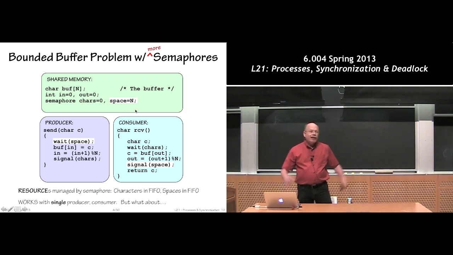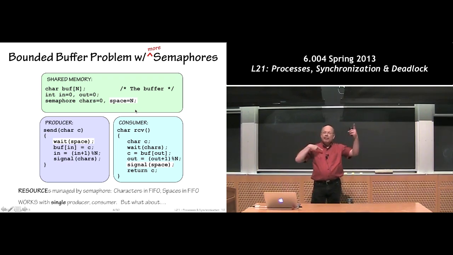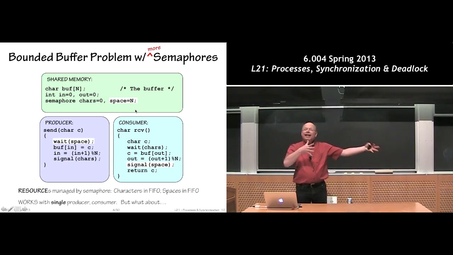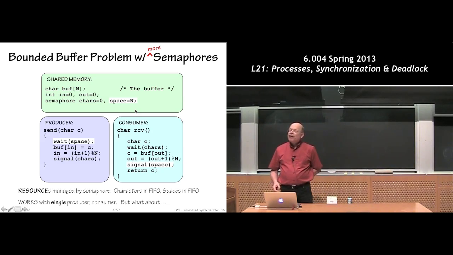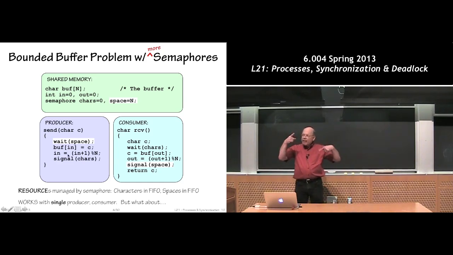So what do you think the sum of chars plus spaces should be at any given moment? N. Right? Everything, we should completely account for the buffer. It'll be partly spaces and partly characters, right? So that's sort of the invariant here. And you can see that the way this works is after we consume a space, then we're going to produce a character, right? So there is a small gap occasionally where they don't, at every specific moment, exactly add to n.